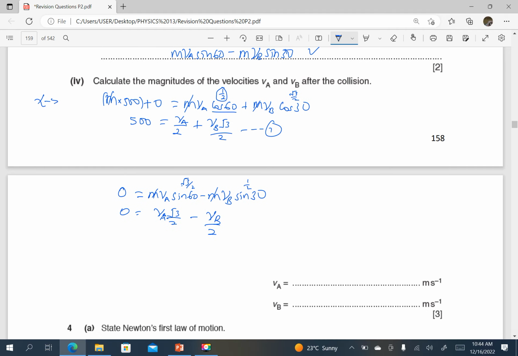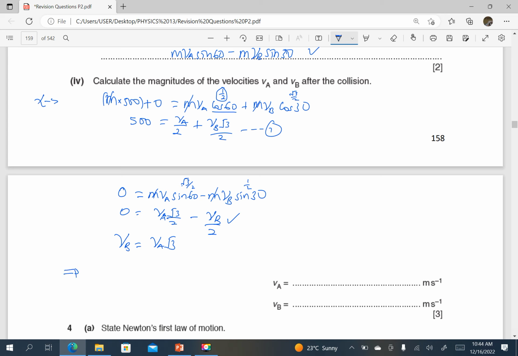You can use any mathematical method that you think is easier for you. So you will notice that actually VB is the same as VA times root 3 from this equation here. VB is the same as VA times root 3. I will go back to equation 1 and substitute for VB.